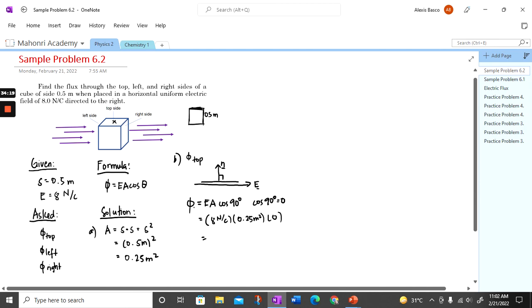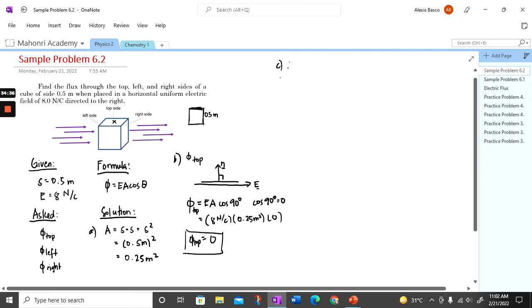Therefore, my electric flux at the top is 0. So it means I don't have any electric flux passing through my top side.